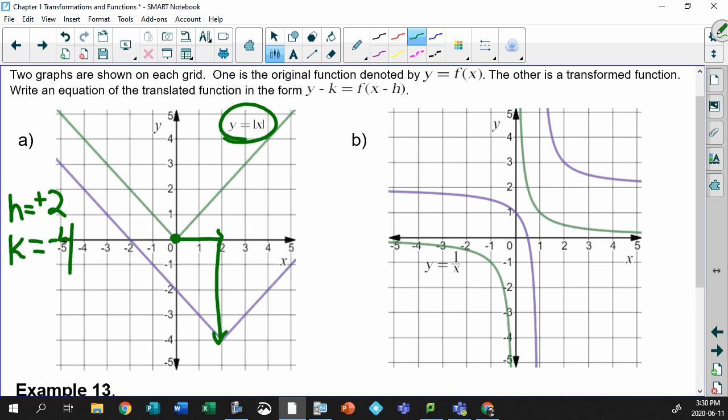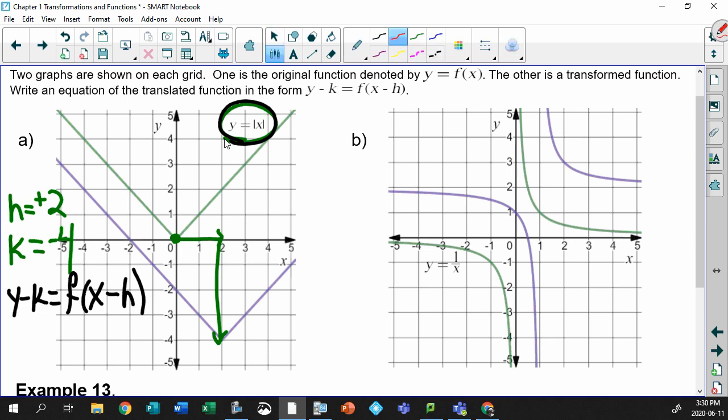Okay, so now we've got the original function, and the original function is right here: y equals the absolute value of x. So let's figure this out. Think about what the mapping is. We've got y minus k equals f of x minus h. Put the values in.